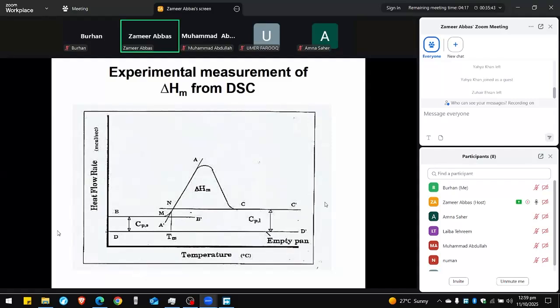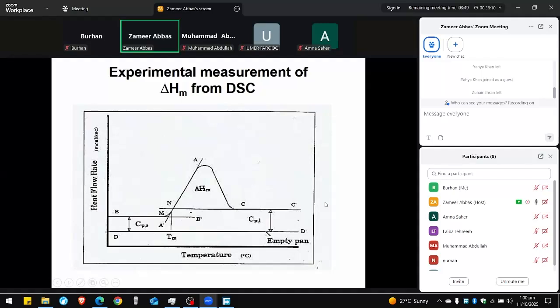So for that temperature, either there will be an increase in heat flow or a decrease in heat flow. Let's say if this is exothermic, increase in heat flow, this shows as this peak. And if there is an endothermic reaction, the heat flows in this direction, so that will appear as a trench or a dip.